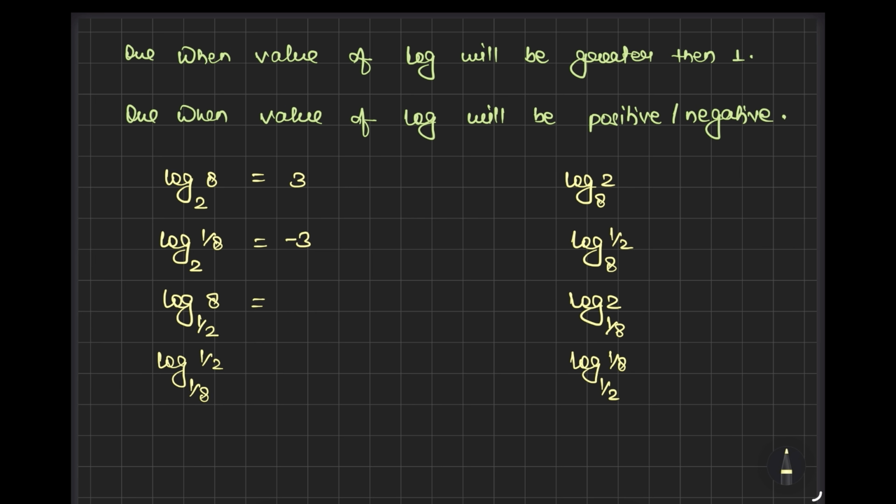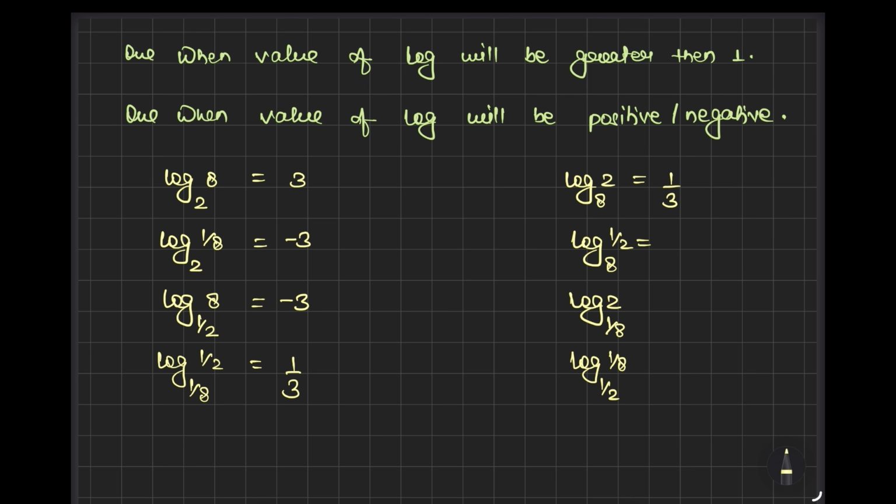Here the base will be 2 to the power minus 1, so the value becomes minus 3 after the power of the argument comes out as a coefficient. Then 8 to the power minus 1 as base also comes out as a coefficient, so log 2 base 8 will be 1 by 3.